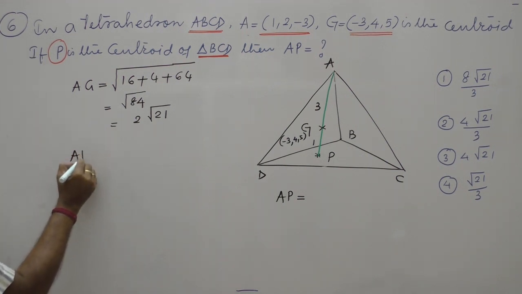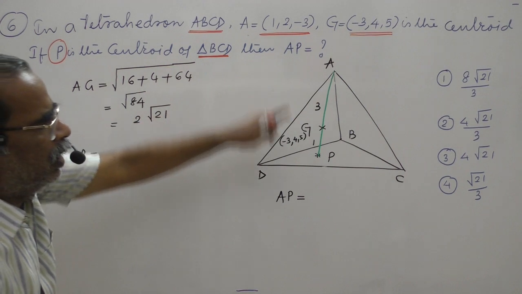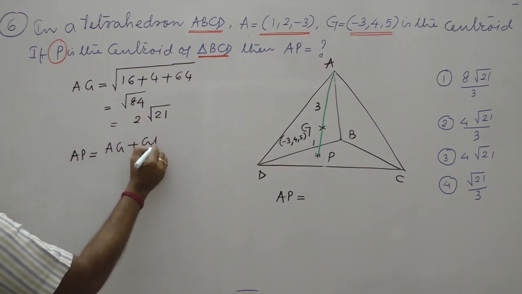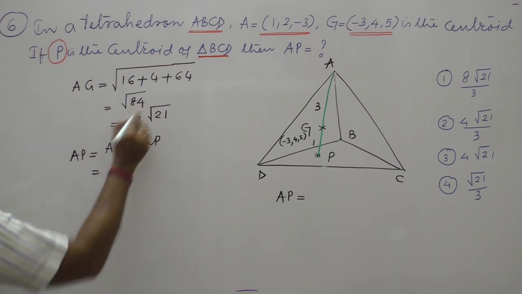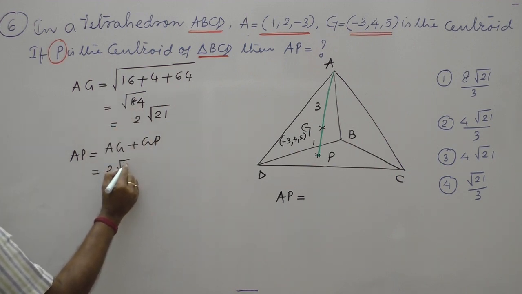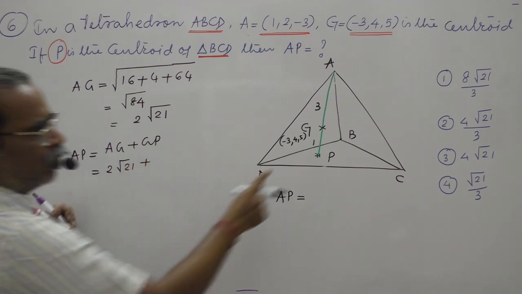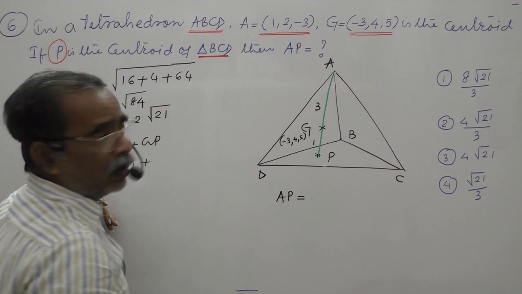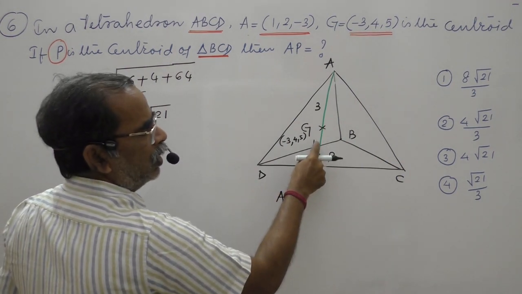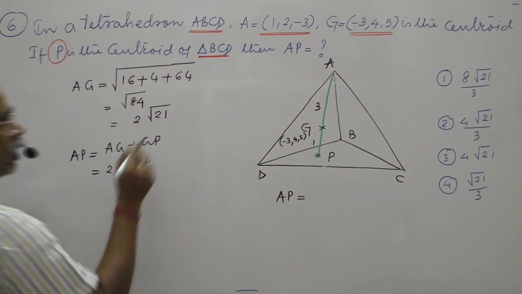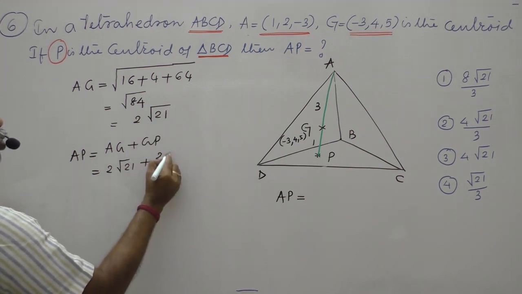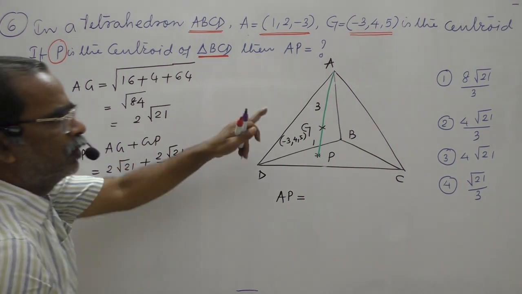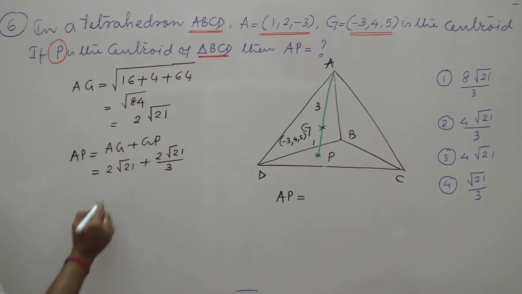So what is to be found here? AP is to be found, very simple. Here AP can be written as AG plus GP. AG is 2 root 21, plus what about this GP? If this is 3, this is 1. That is, this portion is 1/3 of this one. So GP is 2 root 21 divided by 3.